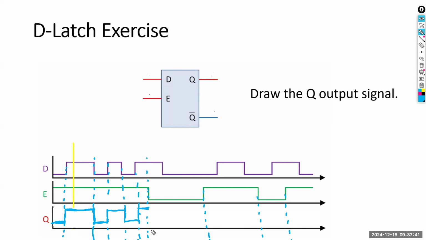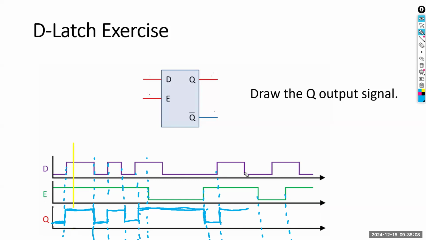Now it is disabled. Disabled means whatever the value is will remain here, and it doesn't respond to D. Memory. Now it's enabled again, so it's going to follow D. D is already low, so this will immediately go down and stay there. When D goes up, it goes up.